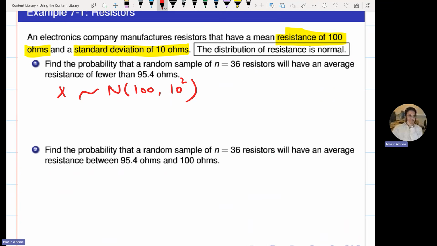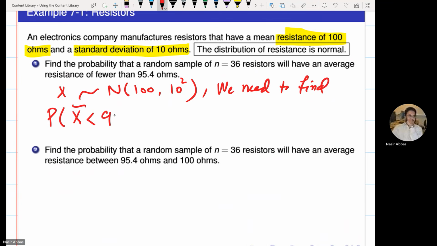Find the probability, read the question carefully. Find the probability that a sample of 36 resistors will have an average of less than 95.4. What is required? That X bar is less than 95.4.